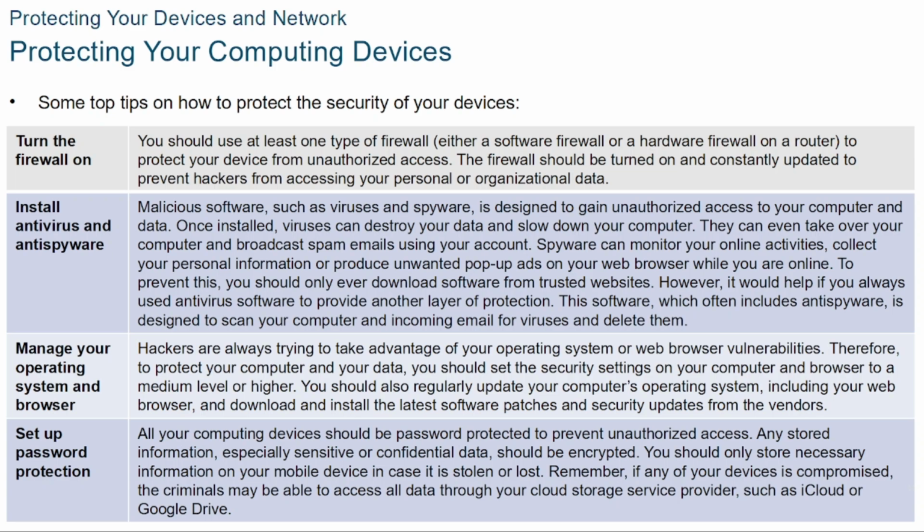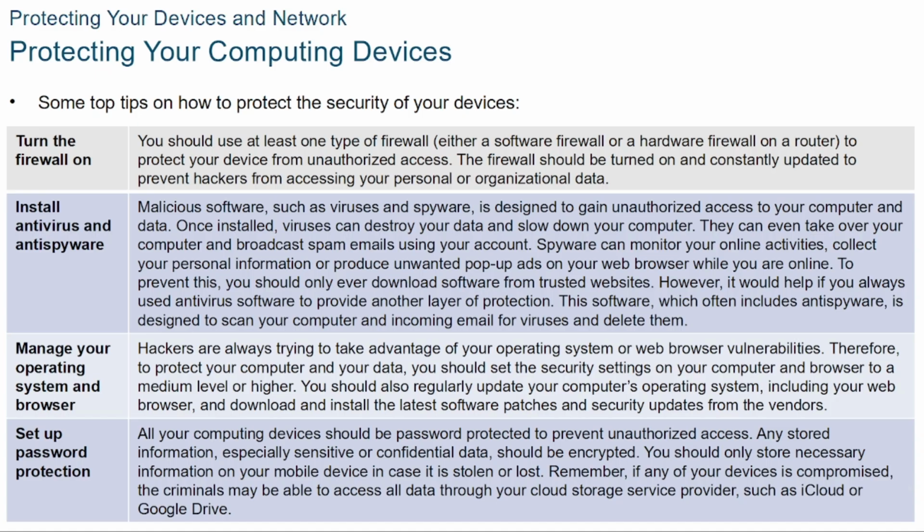It could be a software installed on your PC, or it's a physical device that is connected to your router. So the reason for the firewall is to protect your device from unauthorized access. So firewall should always be turned on and constantly updated to prevent hackers from accessing your personal or organizational data.